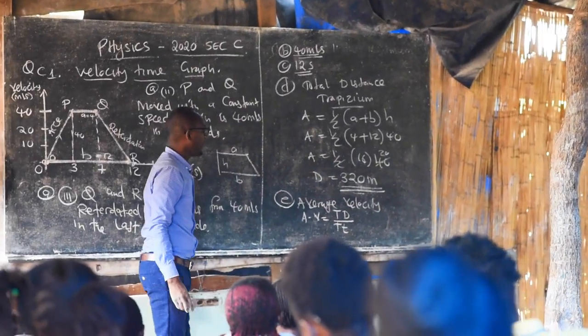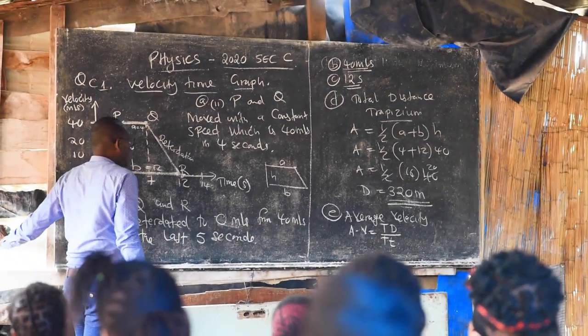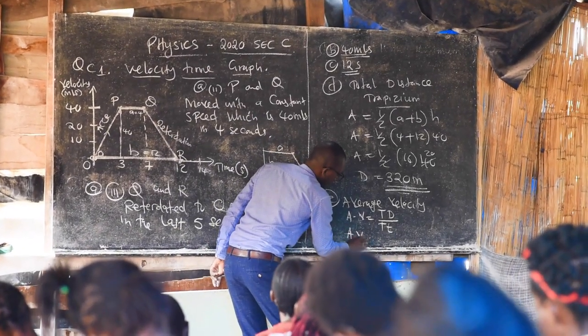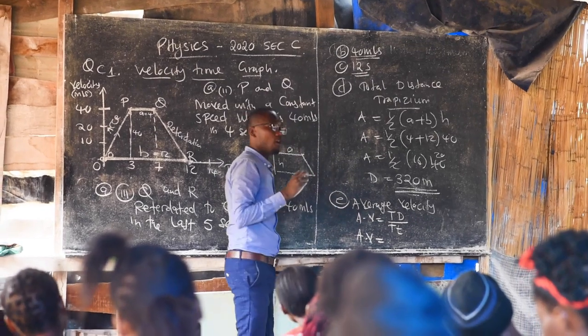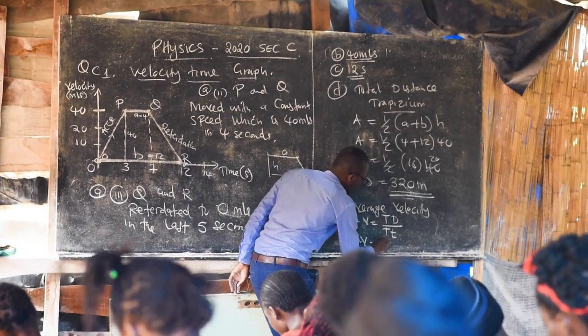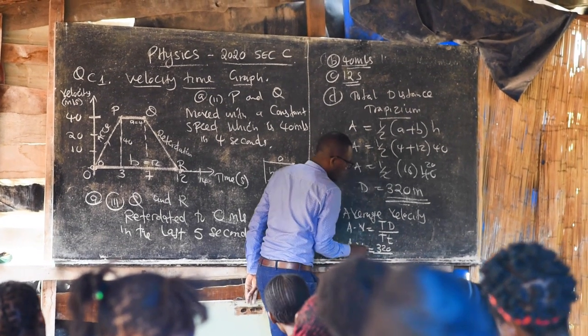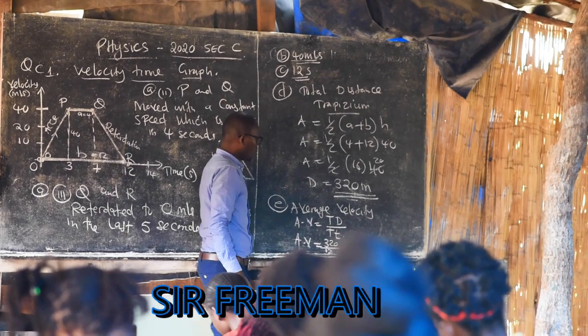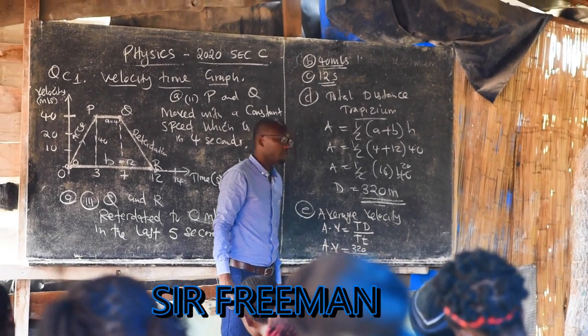Total distance over total what? Basically here we're saying average speed equals total distance over total time. Total distance is how much? 320. Then what is the total time? 12, right? So you divide 320 by 12. How much are we getting?